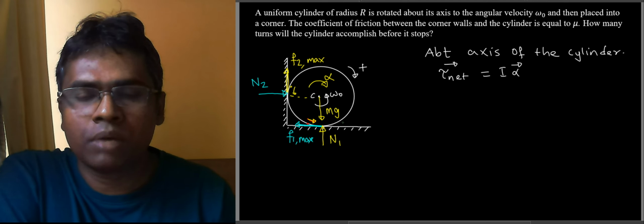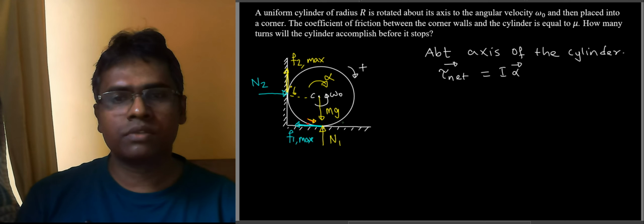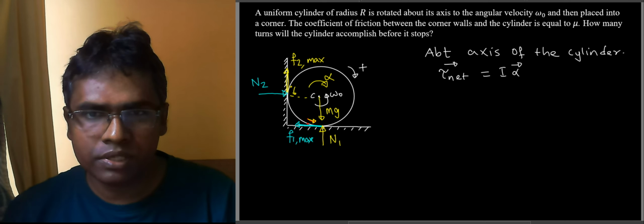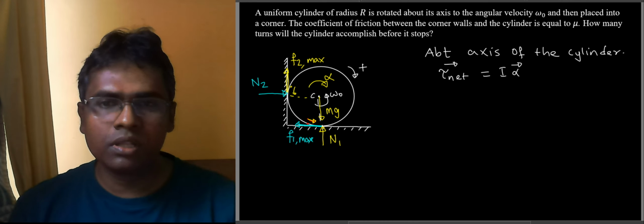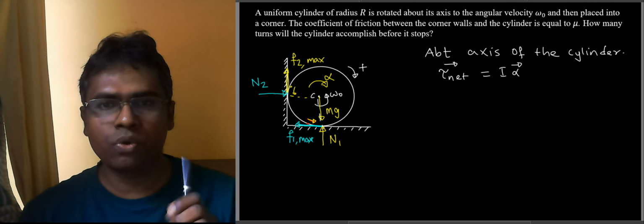So if you apply the right hand thumb rule, let's say the four fingers are pointing from C to the point of application of force, and then if you curl them, the thumb actually points into the board.